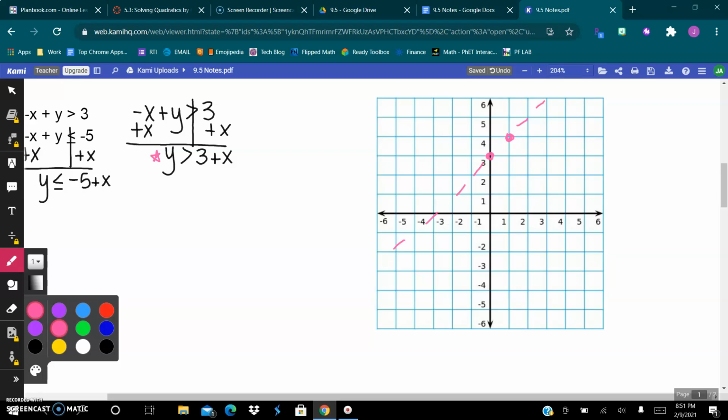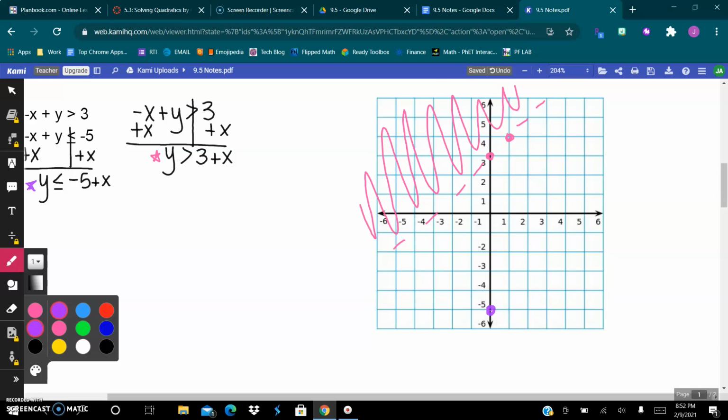As you can see, I didn't do a very good straight line there because I didn't put my extra points on. I always encourage those extra points. Oh, and I forgot to shade. Y is greater than, so we're going to shade above that line. If you think about sitting on that line, you would sit on that side of it, so that would be on top. Now we're going to shade the other one. Our y-intercept is -5, so a dot at -5.